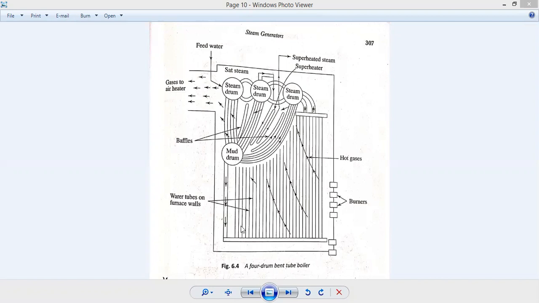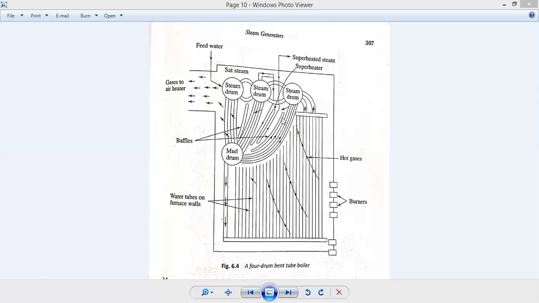So it is straight here, and from here the steam water mixture goes inside the drum radially, and these slags come down to the mud drum. From the first it goes to the second drum, from second to third drum, and from the second drum the steam is sent to the superheater, and then goes out.